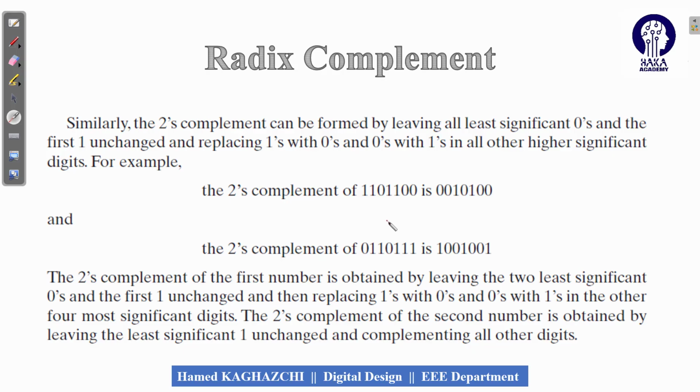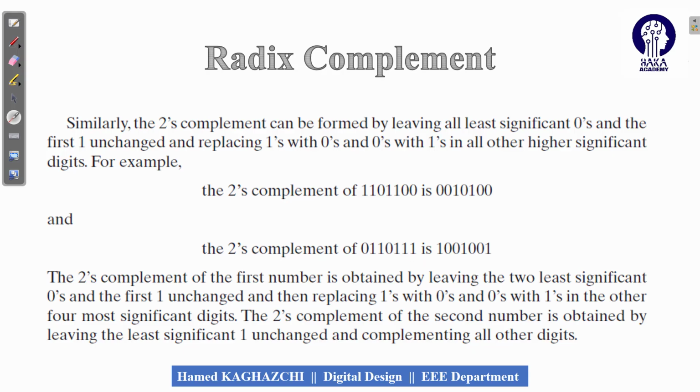That's it. So the 2's complement of the number is obtained by leaving the least significant zeros and the first one unchanged, then replacing ones with zeros and zeros with ones. For all of the other numbers, we can apply this process.